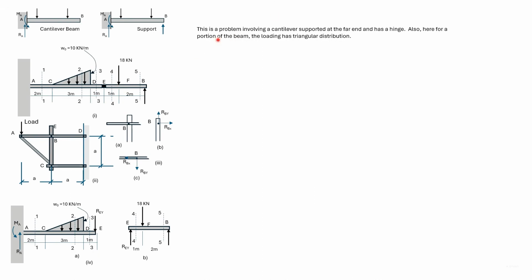So these forces also will be vertical and equal and opposite to each other. To solve this problem, we will separate the two parts AE and EB and consider the equilibrium of these two parts individually.